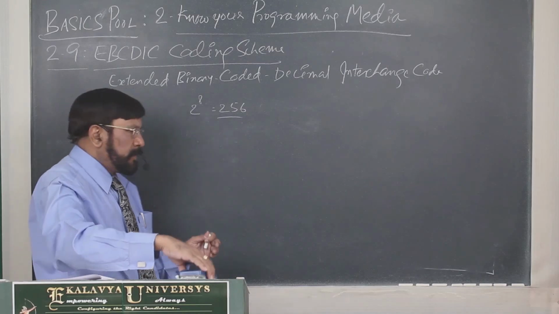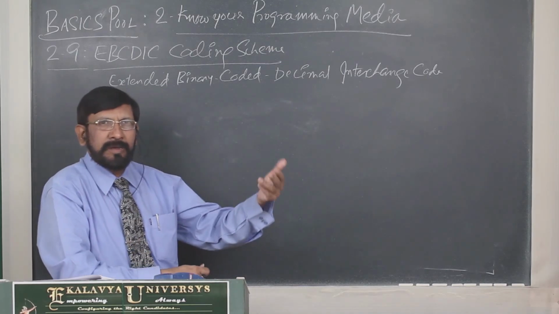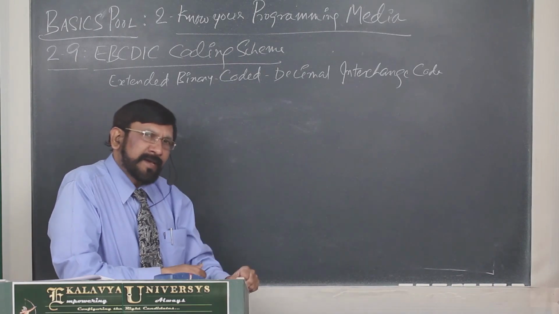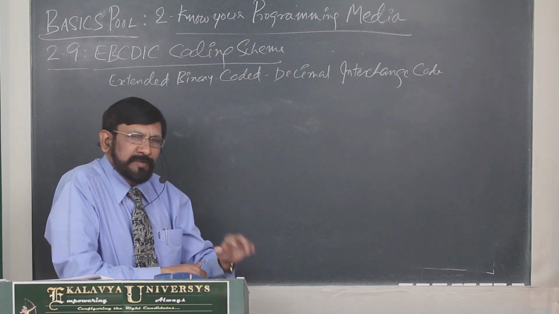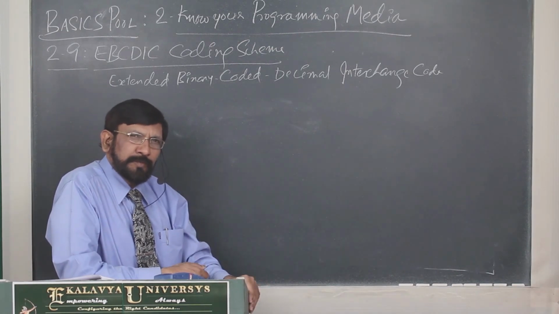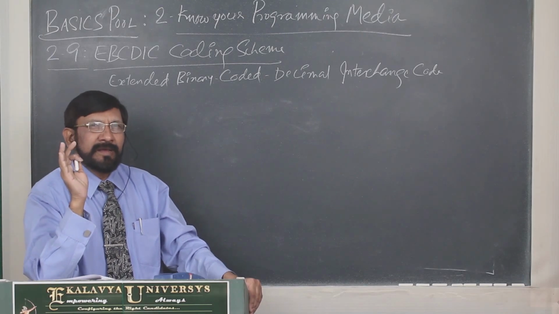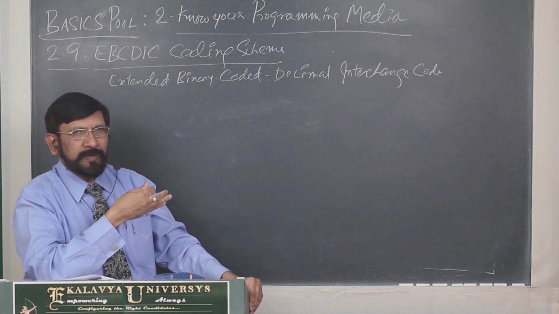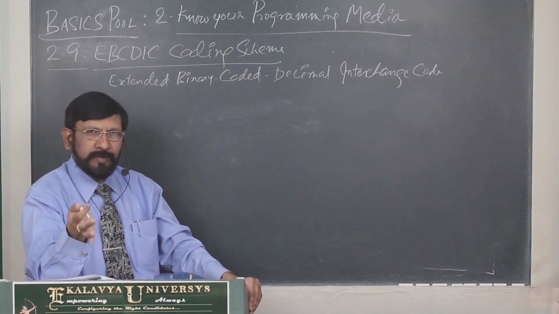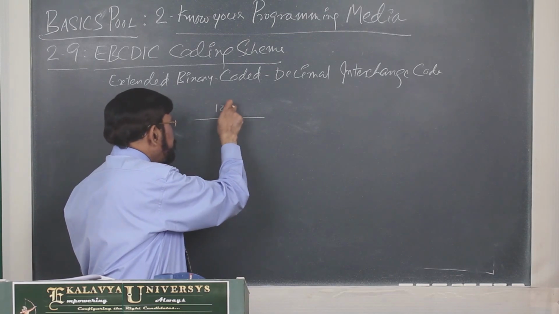Actually, most of the world's computers work based on ASCII. Being a user, we never know what coding scheme it supports. Without any conflict, there is an arrangement: in all coding schemes, whatever I have explained so far and whatever I am going to explain, the first 128 characters are common.